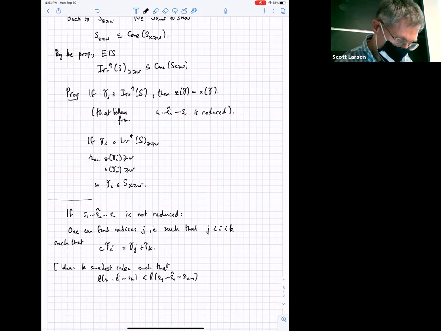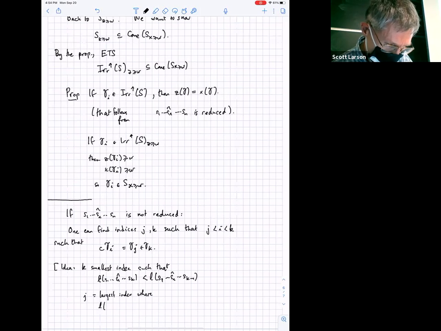And you take j to be something like the largest index where the length of Sj up to Si hat up to S of k minus 1, maybe, is less than the length of S of j plus 1 up to Si hat up to Sk.